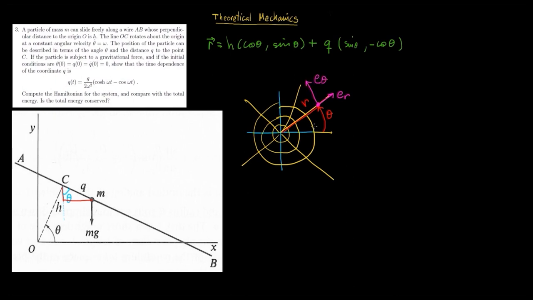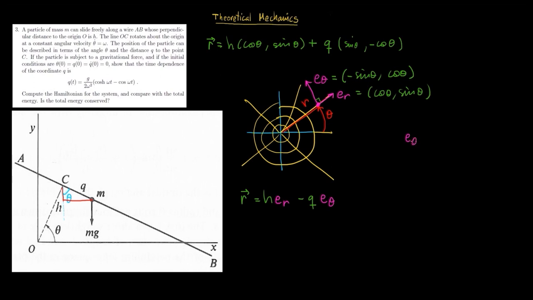Since this vector is radial, it will be cosine theta, sine theta. And this one will be the derivative with respect to theta. I hope you remember that, and you can check that these two vectors are orthogonal. And E theta goes in the direction of growth of the angle. So then we can rewrite the vector r as h times E_r minus q E theta.